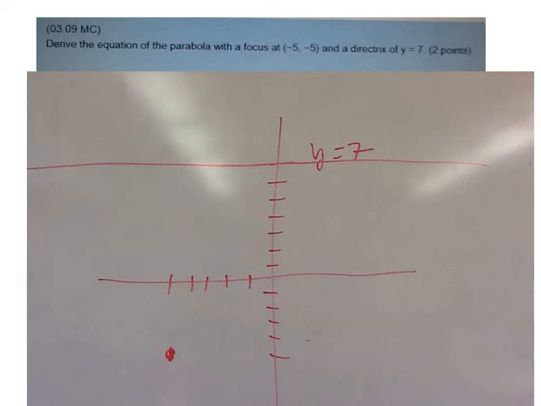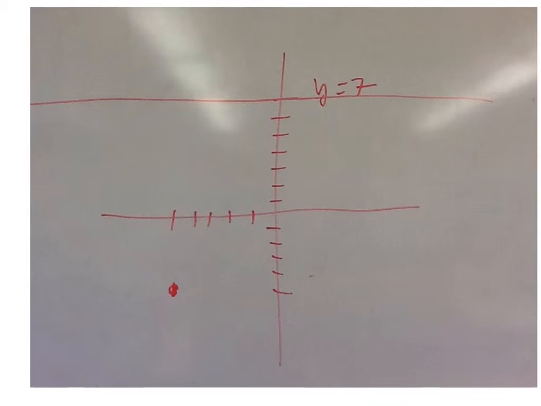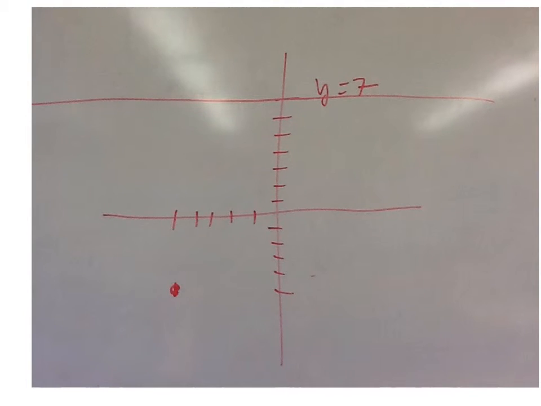So here's the next question. They give us that information, and here's the graph of it. I know that the vertex is going to be halfway between the focus and the directrix.